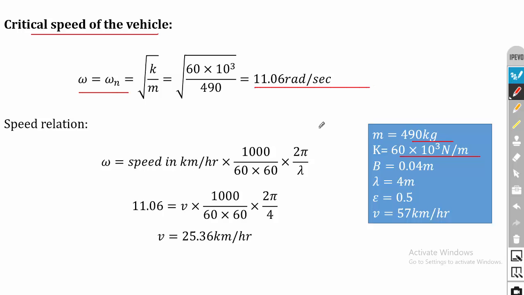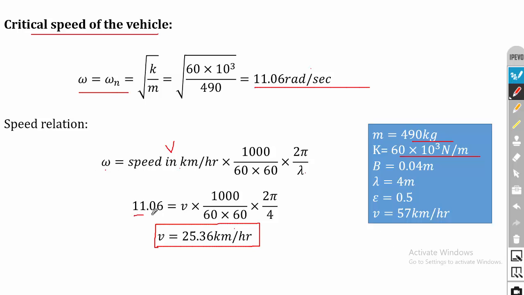Here the omega, that is the critical speed, is 11.06 radian per second, and we have to find out the velocity, because whenever you are specifying the speed of the vehicle, you have to specify it in kilometer per hour, not in radian per second. So I am going to use the relationship between omega and velocity. Omega is equal to velocity, that is speed in kilometer per hour, into 1000 divided by 60 into 60, into 2 pi by lambda.